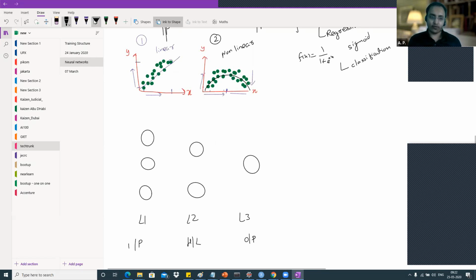And let's say that all the neurons of layer 1 are connected to all the neurons of the next layer. So we call it a fully connected network because all the neurons of the first layer are connected to all the neurons of the next layer. This is bias B1, B2, B3.